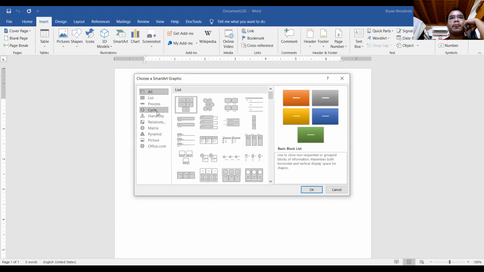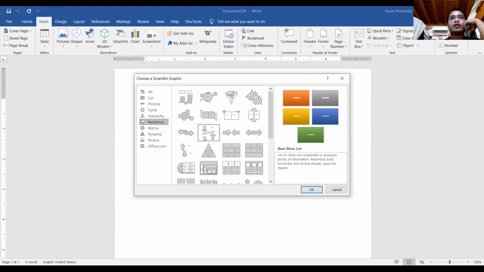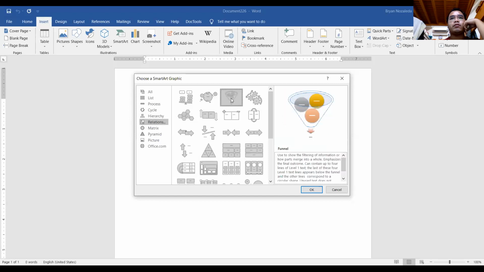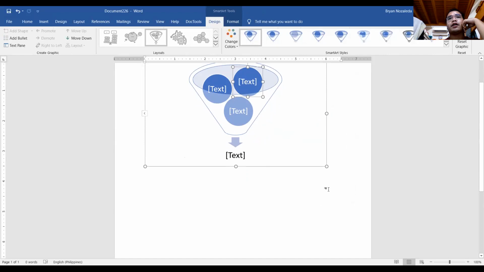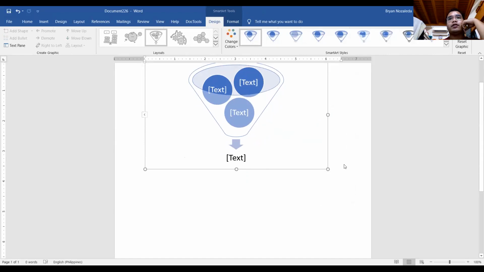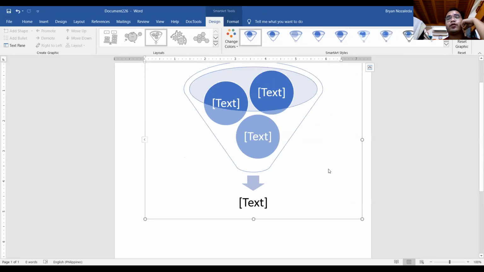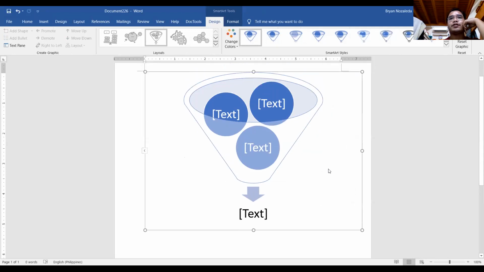Diba? So halimbawa, relationship. Ayan, let's talk about relationship. Oh, ito, this is a funnel diagram. Okay, we call this a funnel diagram. By the way, tawag dito ay mga advanced organizers or graphic organizers.